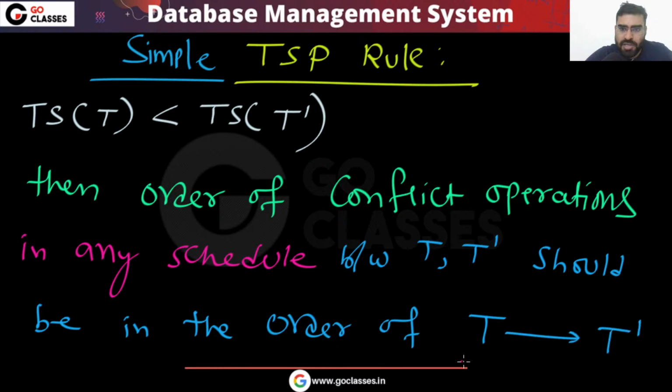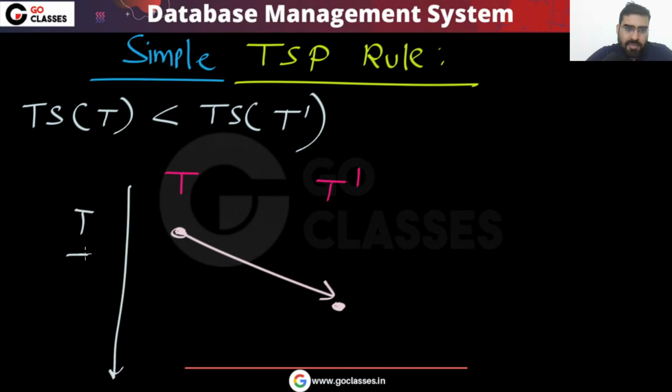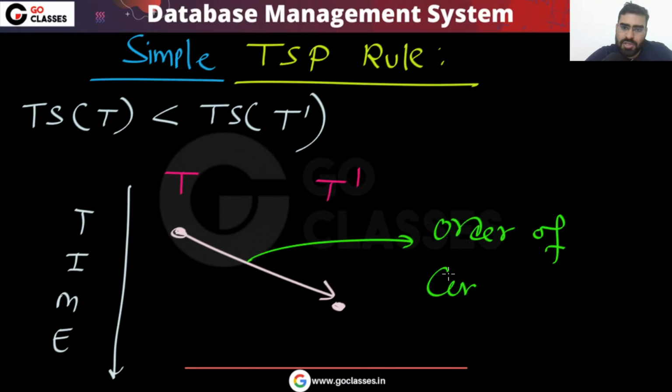Whatever conflict operation you take, this should be the order of conflict operations. Remember, this is the actual time that is going on, and this should be the order of conflicts. Very simple. So that's it.